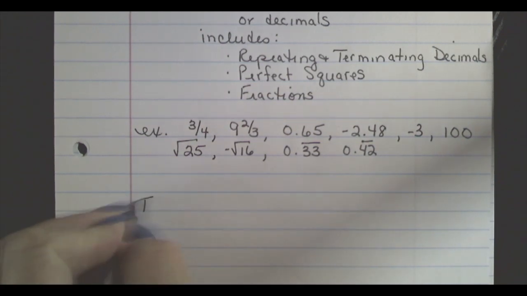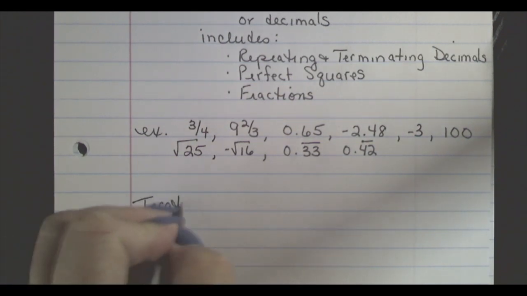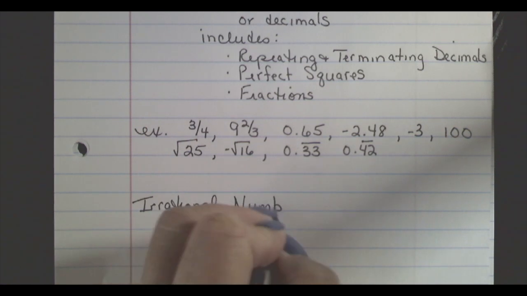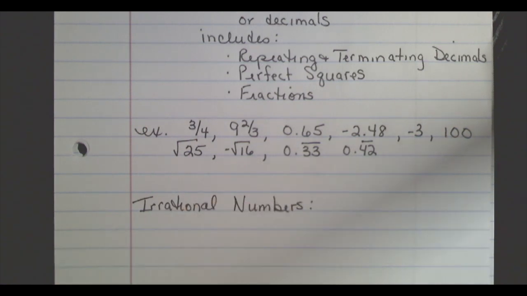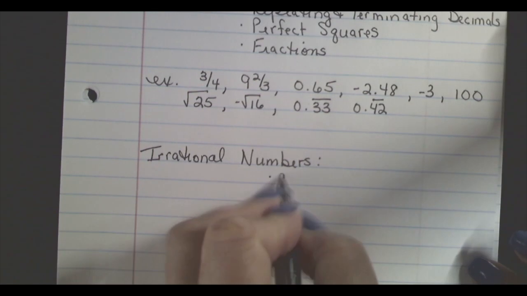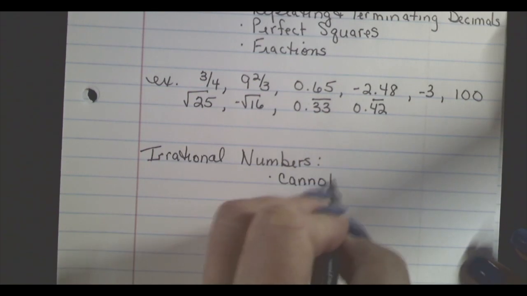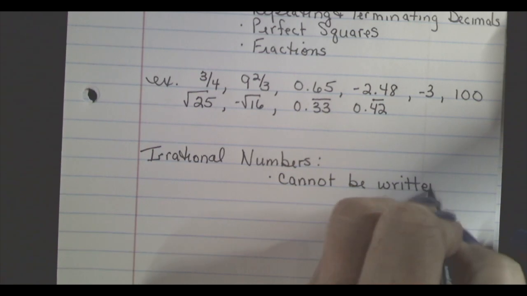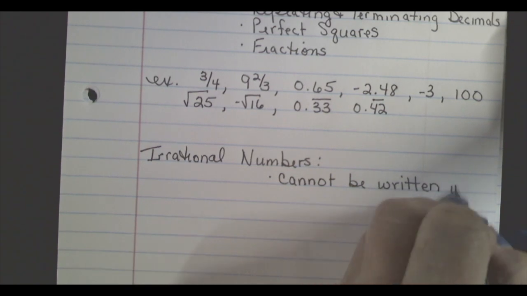So what are irrational numbers? Irrational numbers cannot be written in fraction form.